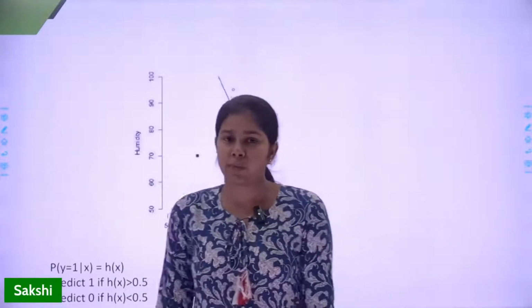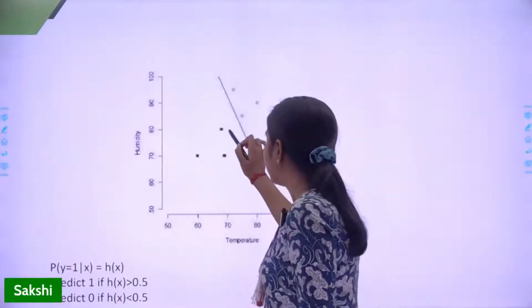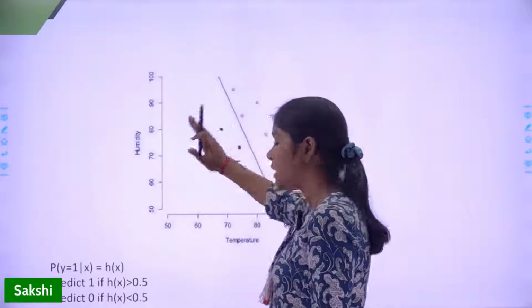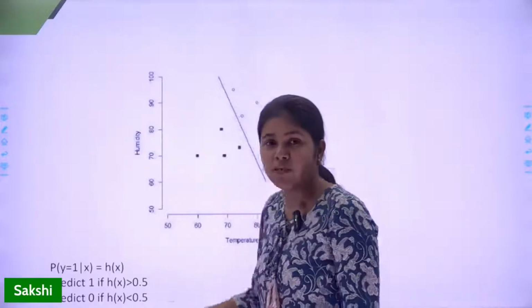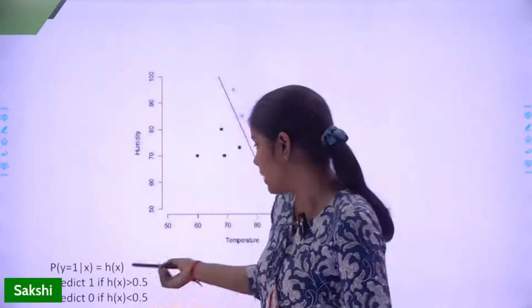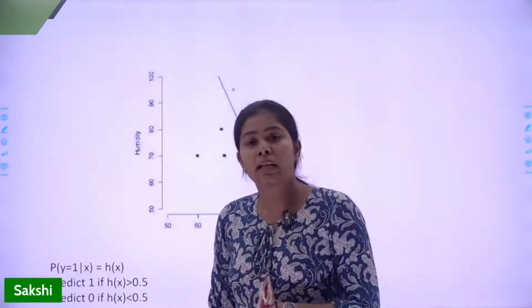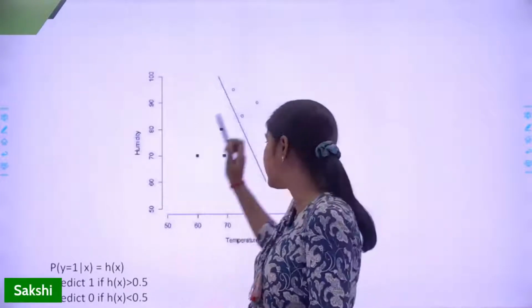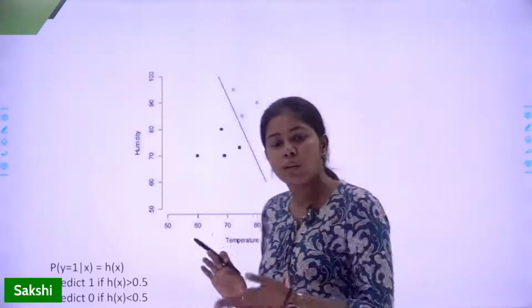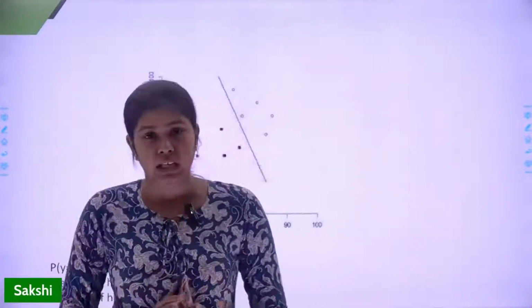If h(x) is less than 0.5, we predict 0, right? Here h(x) represents the probability that a person is going to play chess. So we find a decision boundary using logistic regression, right?